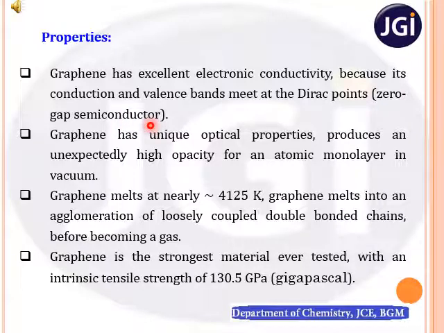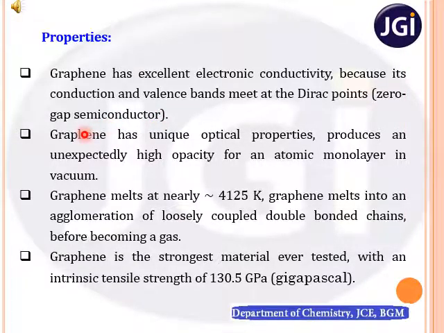This property says that it has excellent electronic conductivity. Because of this property, it finds extensive applications in the field of electronics. We'll discuss this while discussing its applications. The applications in the electronic field are because of this property.